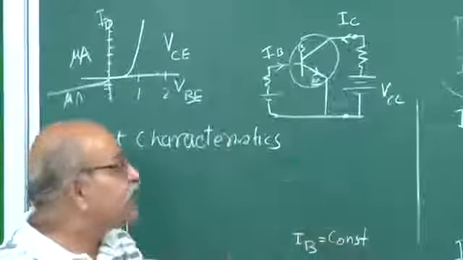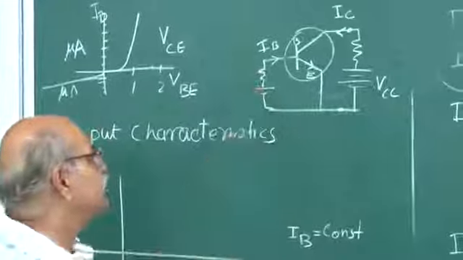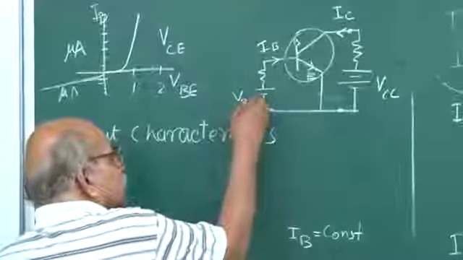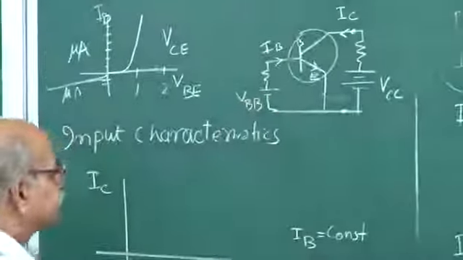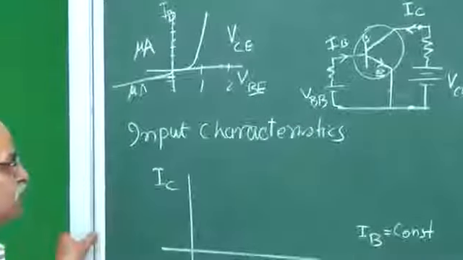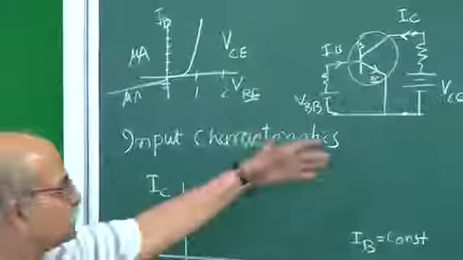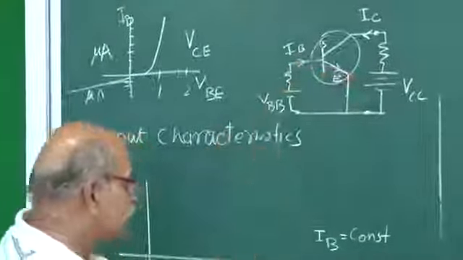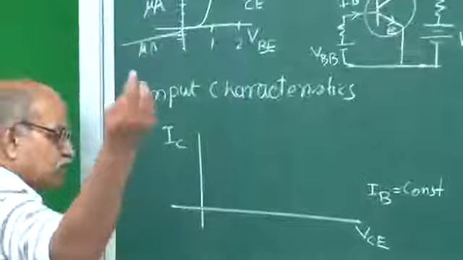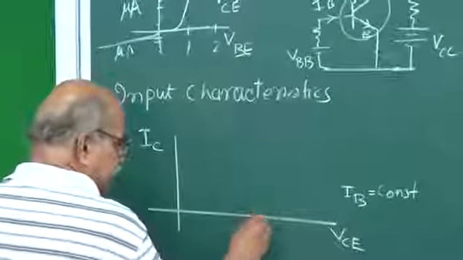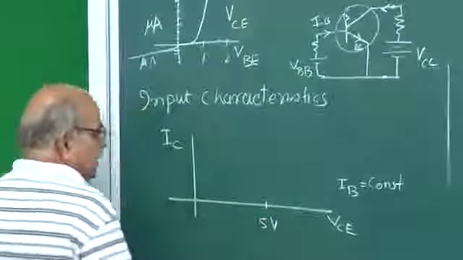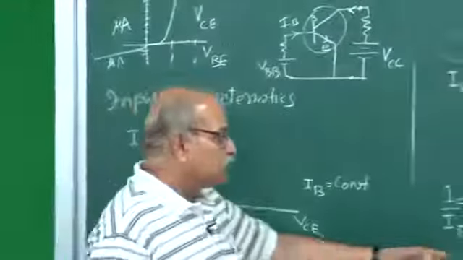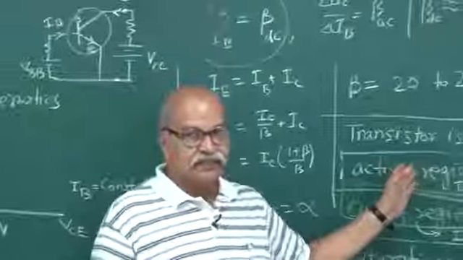So maybe we will have to readjust this VBB, but not much. Let me start with a good amount of VCE here, let us say something around 5 volts or 6 volts. So if this is, let us say, 5 volts, I am in the active region, I want to be in the active region, right.